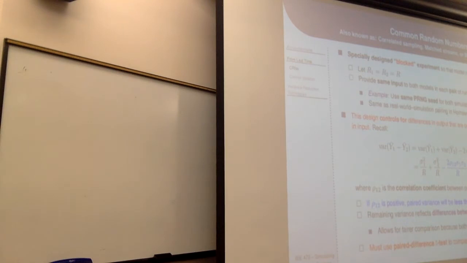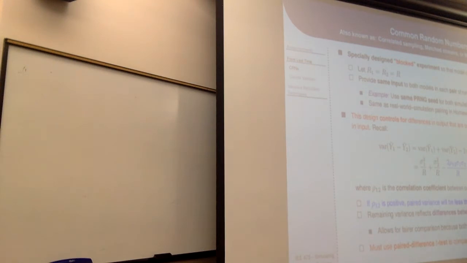That generates effectively the same random inputs to both systems, so that when I subtract, I end up only seeing the difference between the systems for that similar input. It's an apples to apples comparison, as opposed to seeing variance that comes from one model happening to get one set of inputs and the other model getting a different set.